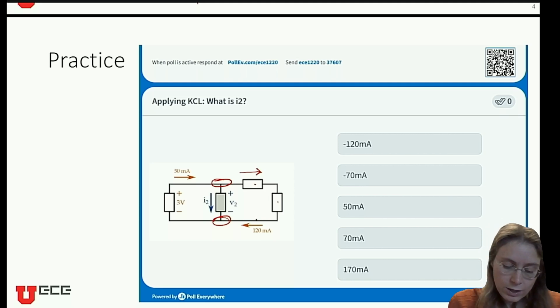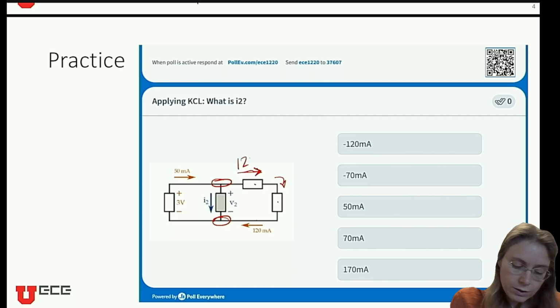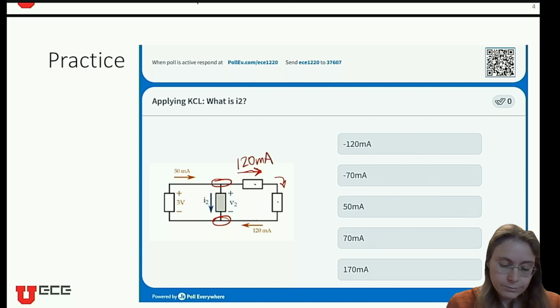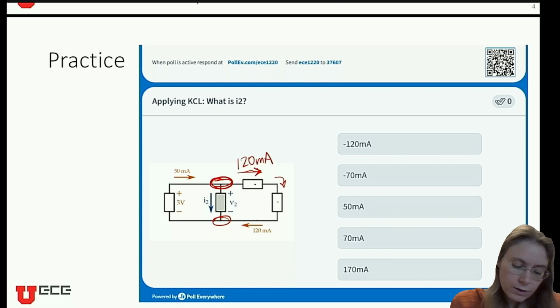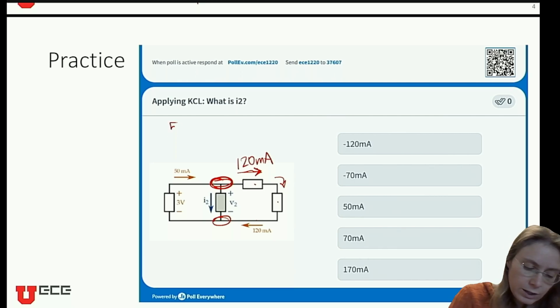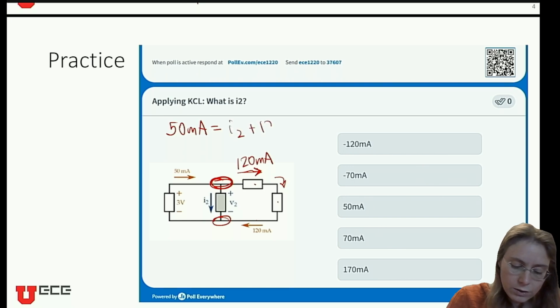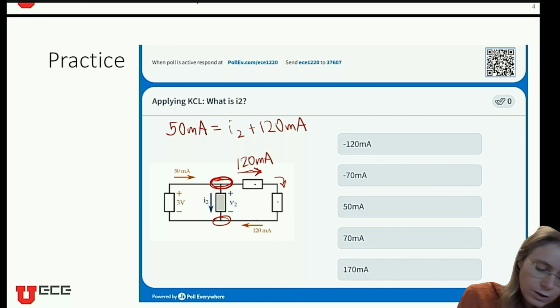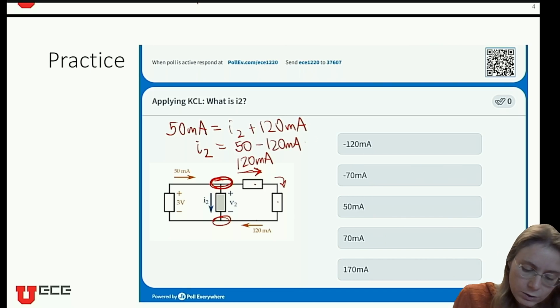Therefore, the current here must equal the current here must equal the current here. So they are all 120 milliamps. Now at this node here, using Kirchhoff's current law, I have 50 milliamps going in, and I have I2 and 120 milliamps going out. Therefore, I2 must be equal to 50 minus 120 milliamps, which is equal to negative 70.